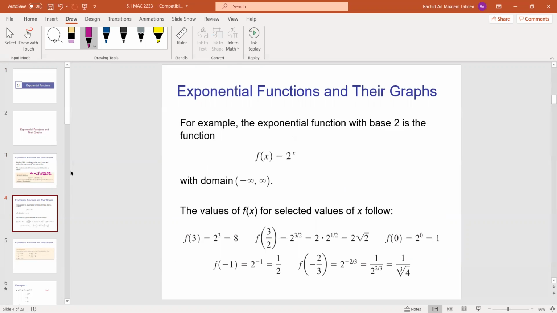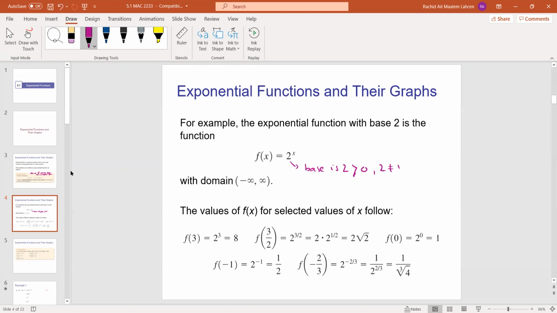The domain is negative infinity to infinity because you can use any number for x, right? Here the base is 2. It is positive, and 2 of course is not 1, so that's the condition on the base.